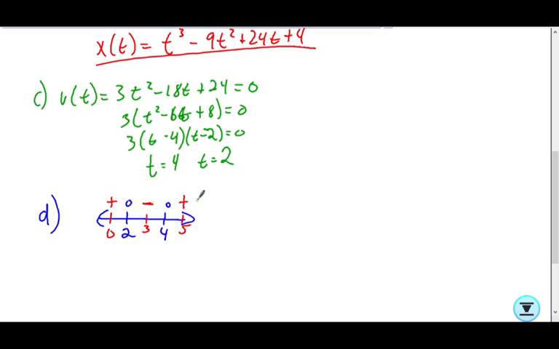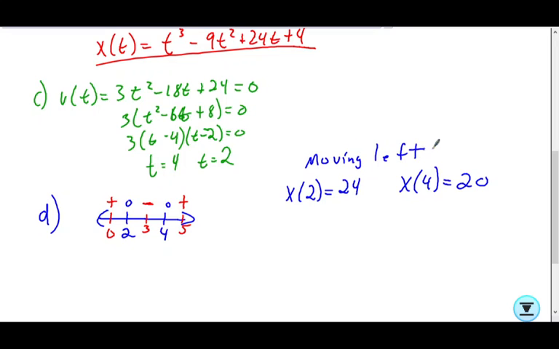So it's first moving to the right, then to the left, and then to the right. So between time 2 and 4, it's moving to the left. Also, we're going to find x of 2, which is 24, and the position at 4 is 20. So we know it's moving left.